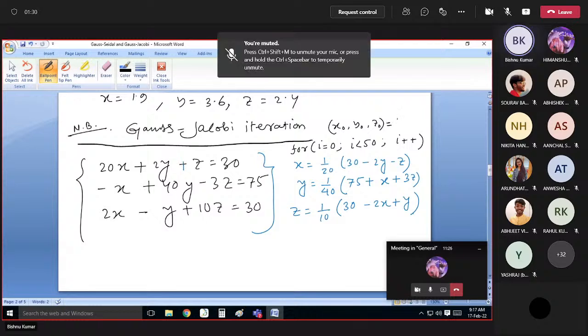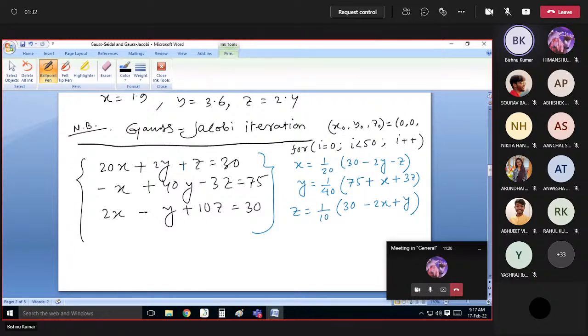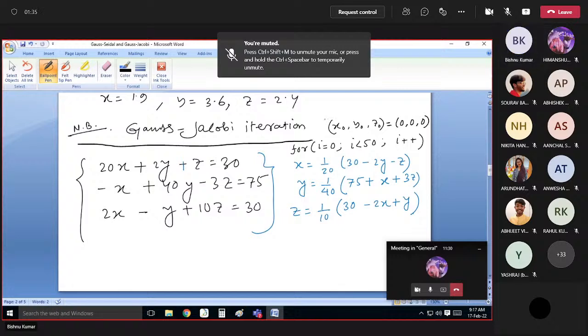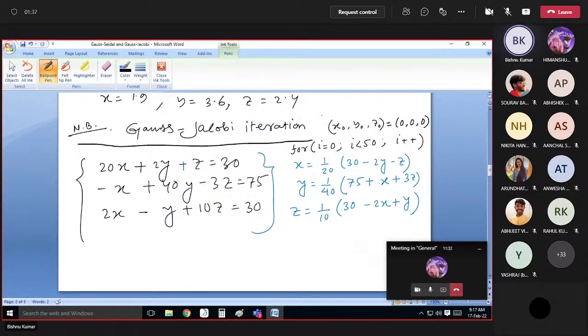Suppose you consider maybe 0, 0, 0. Assume, or in the question it will be given.